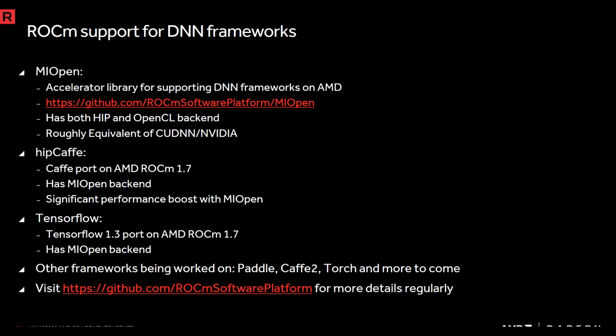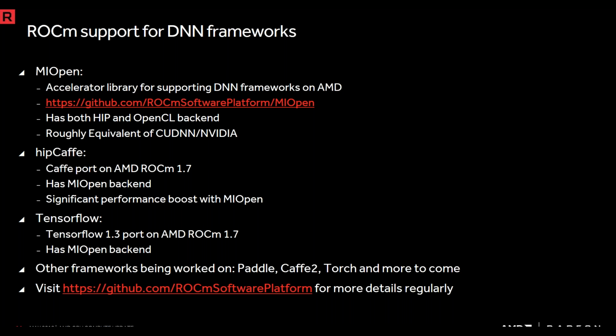The second bullet is HIP Caffe, which is ported on AMD ROCm 1.7. We have this Caffe running on AMD platforms with the MIOpen backend as well. It is there on the link which I've shown. We have seen a significant performance boost with MIOpen, as I said, some 5 to 10 times faster. If you look at TensorFlow, we have TensorFlow 1.3 ported on AMD ROCm 1.7.